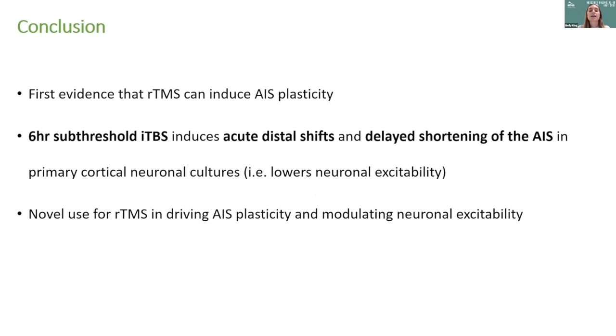And so what this tells us is that chronic iTBS delivery, at least at subthreshold intensities, is not only targeting the synapse, but also targeting the AIS, and that these effects are continuing to occur long past the point of stimulation. So we're still seeing changes in AIS structure in the hours or the day post-stimulation.